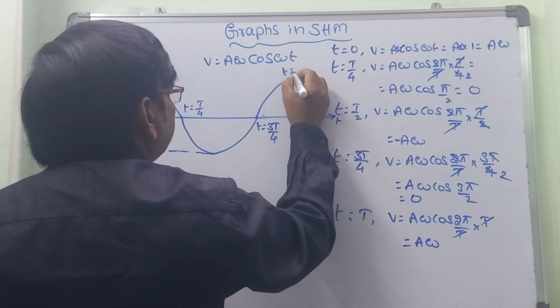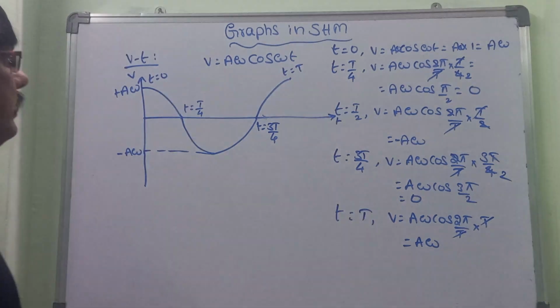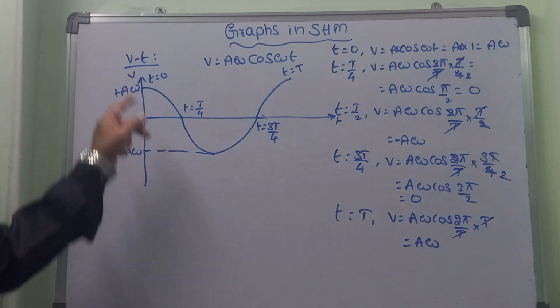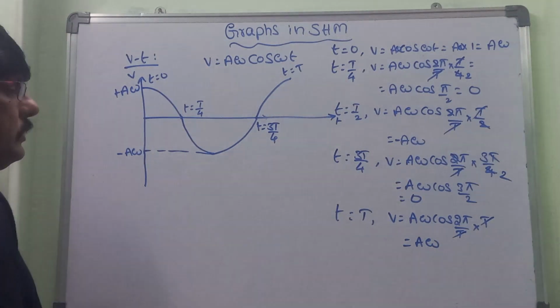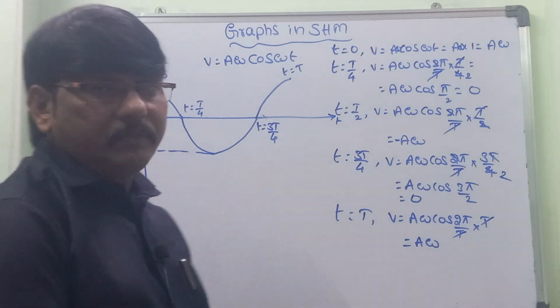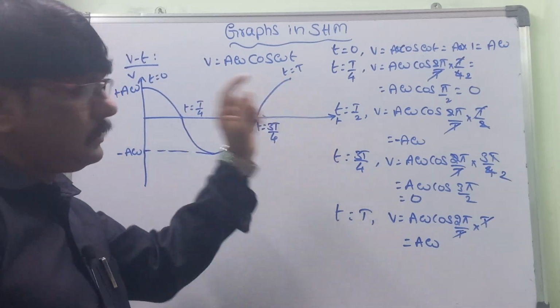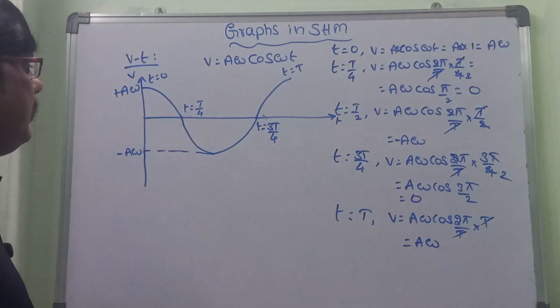So this is t = T. In this way we get the velocity-time graph in this direction. If we continue like that, next we take T + T/4, and then again the graph will continue like this. That is about the velocity-time graph.